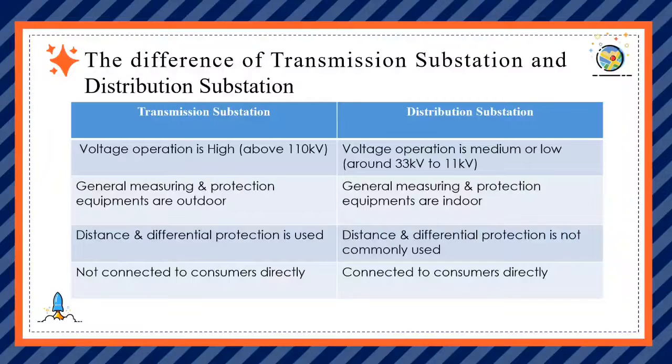For transmission substation, the general measuring and protection equipment is outdoor, while for distribution substation, measuring and protection equipment is indoor. And next, distance and differential protection is used for transmission substation, while for distribution substation, distance and differential protection is not commonly used. And finally, the transmission substation is not connected to consumers directly, while it is connected to consumers directly for distribution substation.